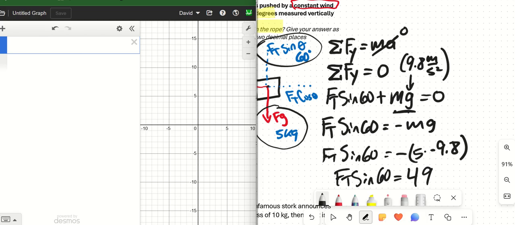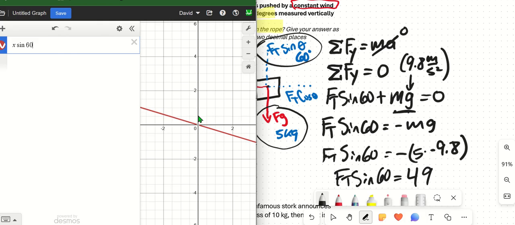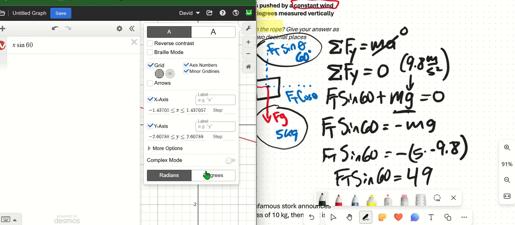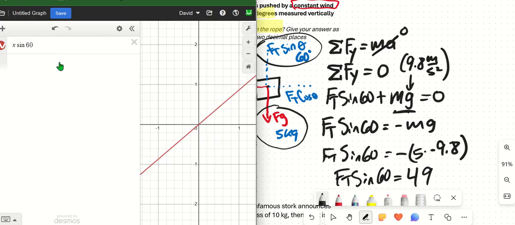Now what I could do is just use Desmos to solve here. I'm just going to call the force x, and I'm multiplying that with sine 60. Let's make sure that this is in degrees. And I'm looking for when this is equal to 49, so I'm going to put y equals 49.